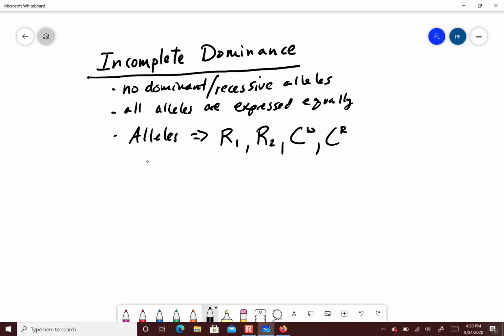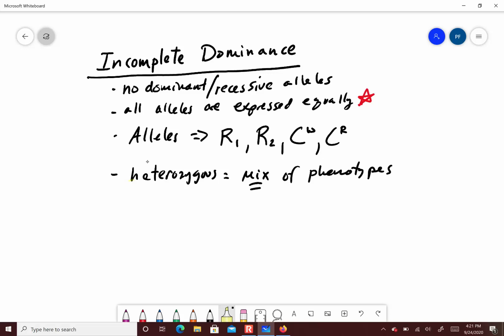Right, so the alleles will look different. There's no uppercase, lowercase. And then the last thing with this, and it's because all the alleles are expressed equally, if we have an individual that's heterozygous, that's expressed as a mix of the phenotypes. Okay, so that's the big difference.